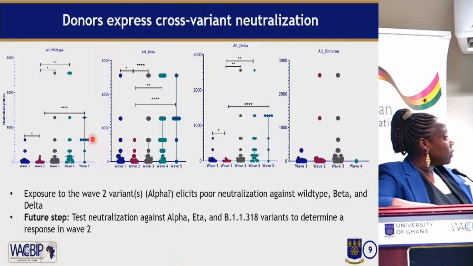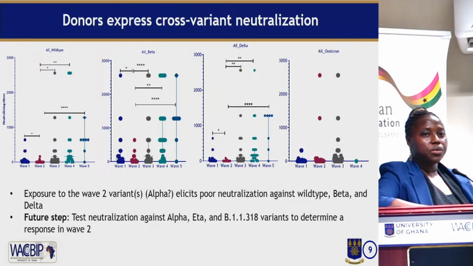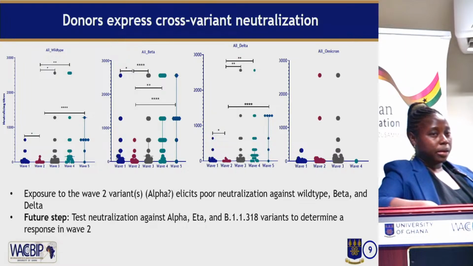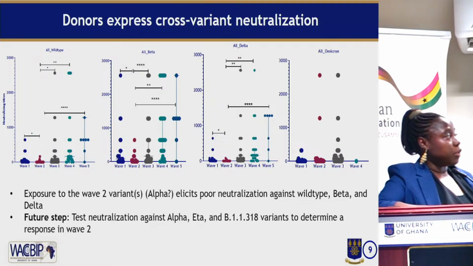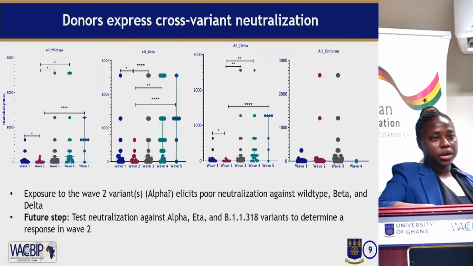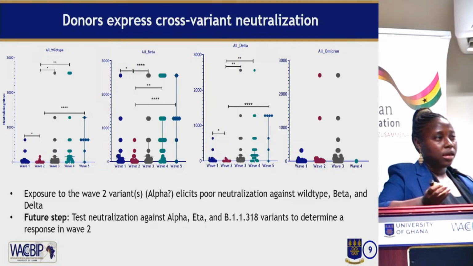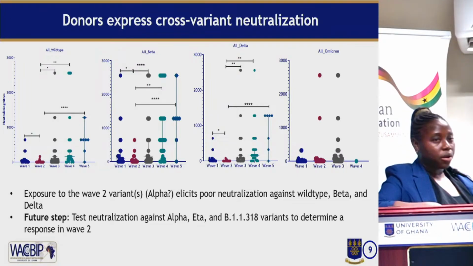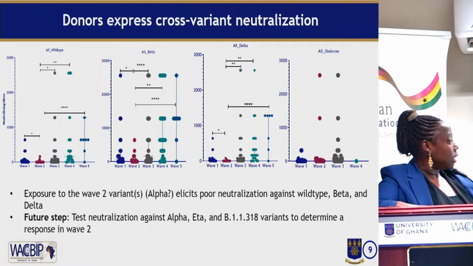You see that as the waves increase, there is an increase in the level of neutralizing titers, which makes sense because as the waves increase, people are exposed to more of the variants, and so there's continuous antigen stimulation.